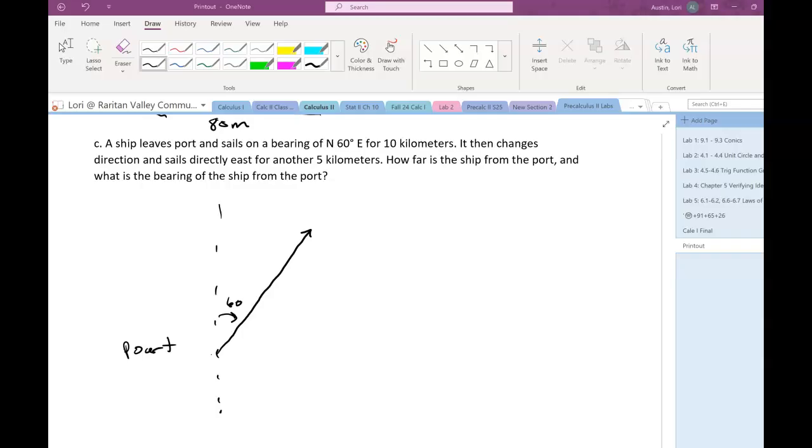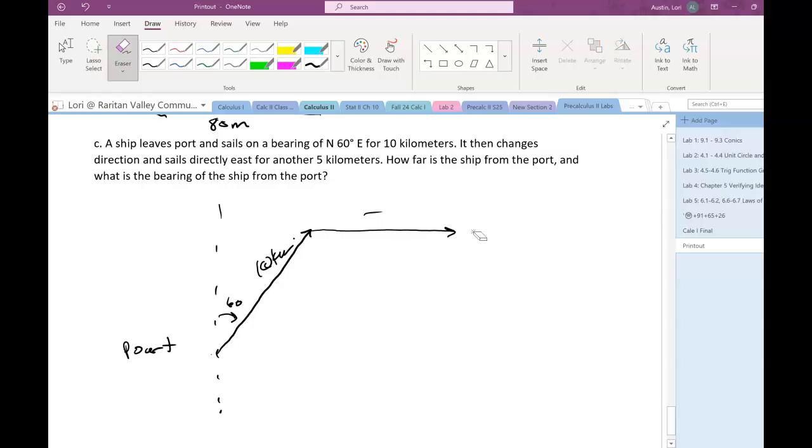Again, we have our north line. We are north 60 degrees east for 10 kilometers. So you're 10 kilometers here. It then changes direction and sails directly east for another 5 kilometers.